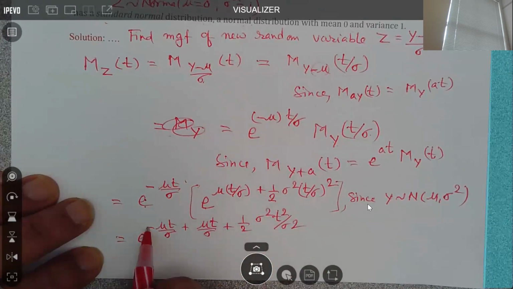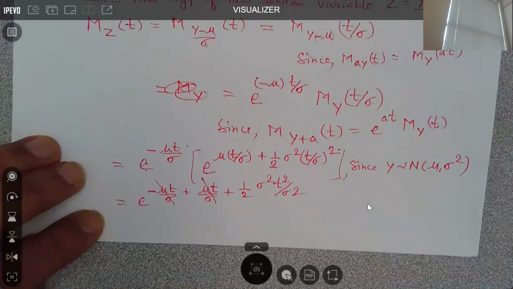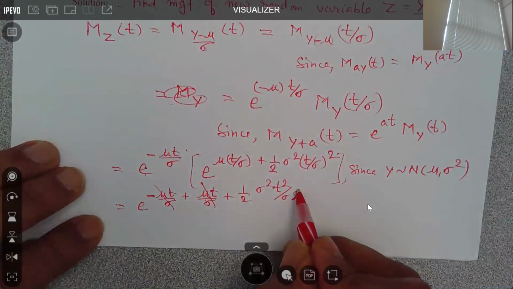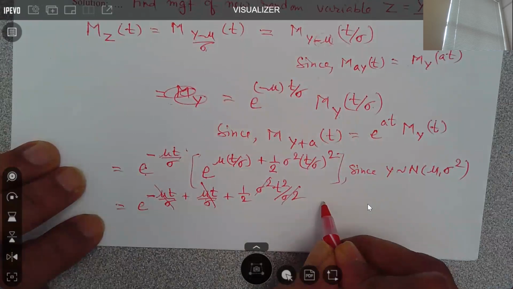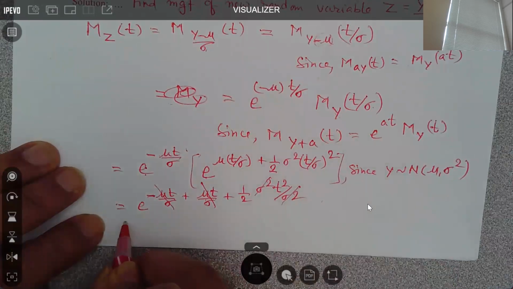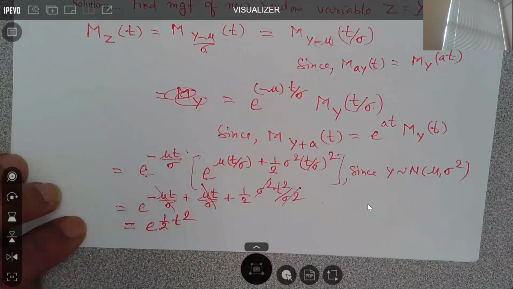Now this is negative and this is positive, so you can cancel them, right? And this sigma square you can cancel here too. So this is equal to e to the 1 over 2 t square, right?